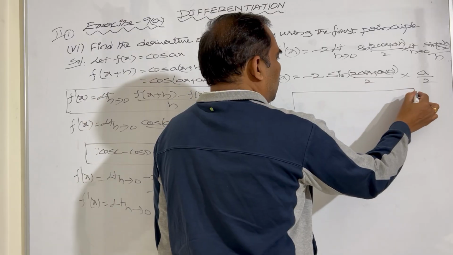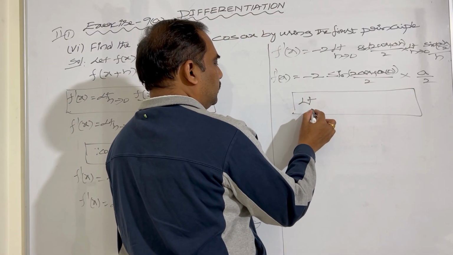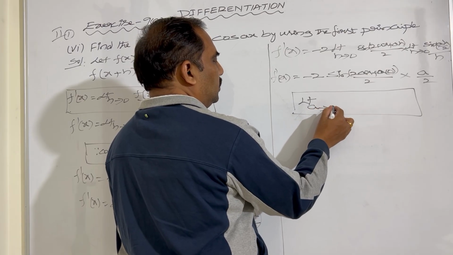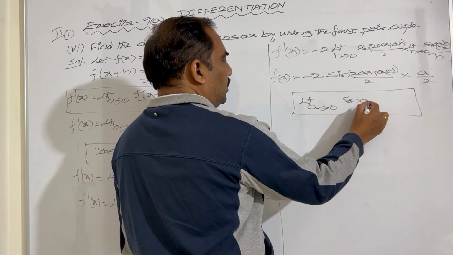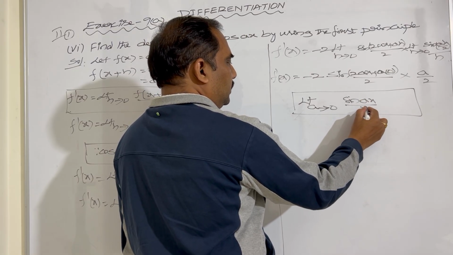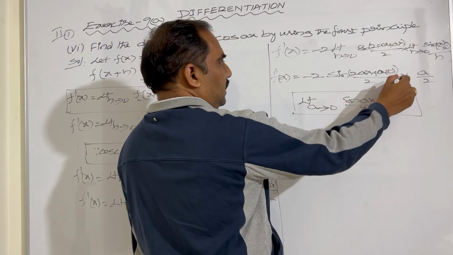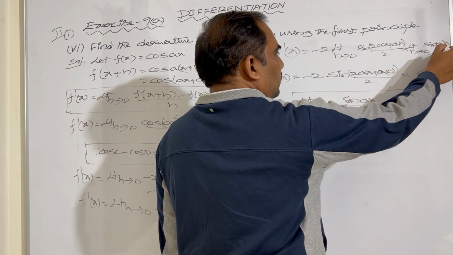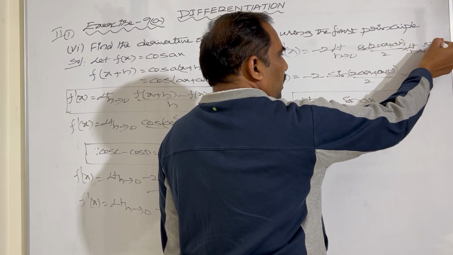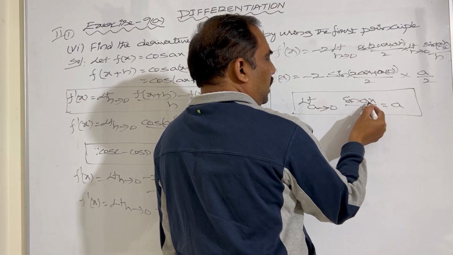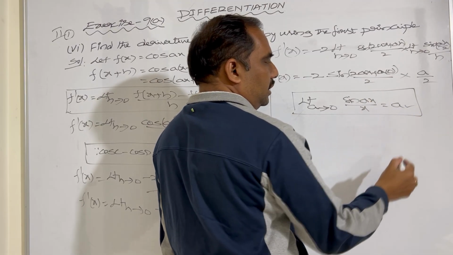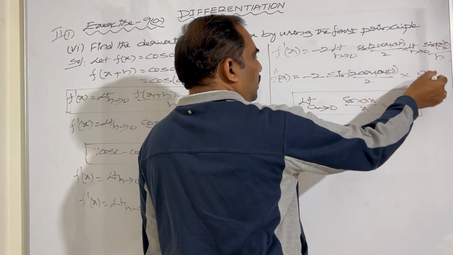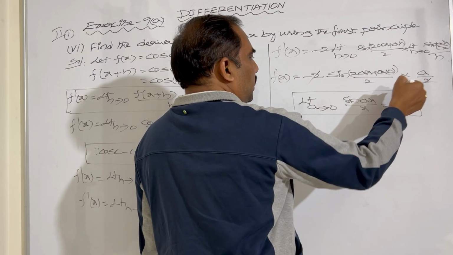We have the property: limit x tends to 0 of sine ax by x is equal to a. Same like that, here limit h tends to 0, sine of ah by 2 by h. Here the h coefficient is a by 2, so we get a by 2, and this 2 and this 2 get cancelled.